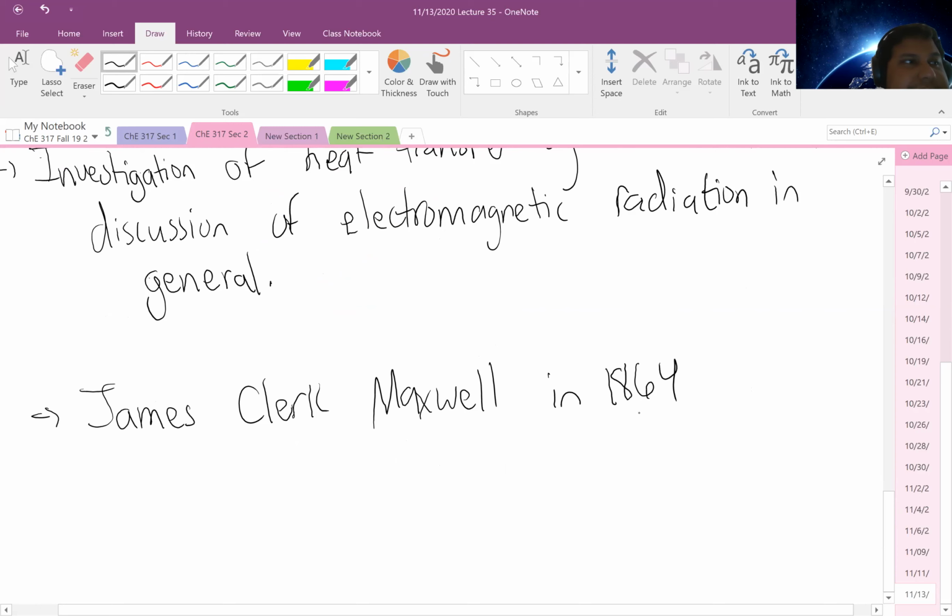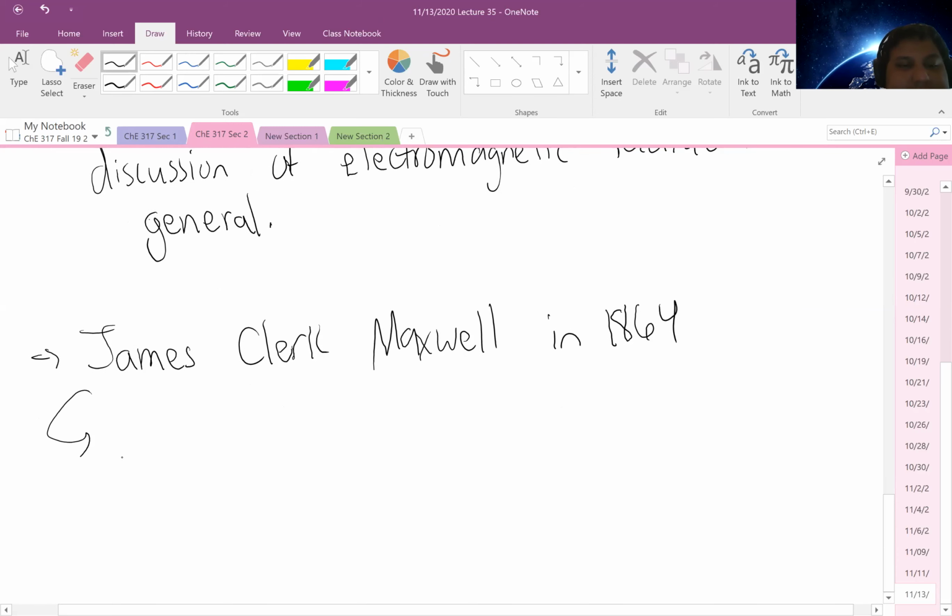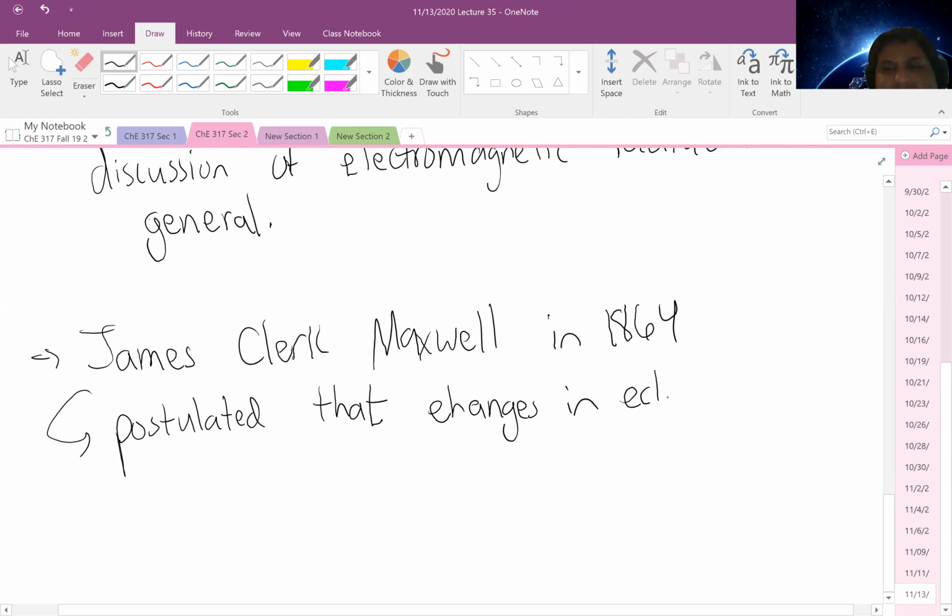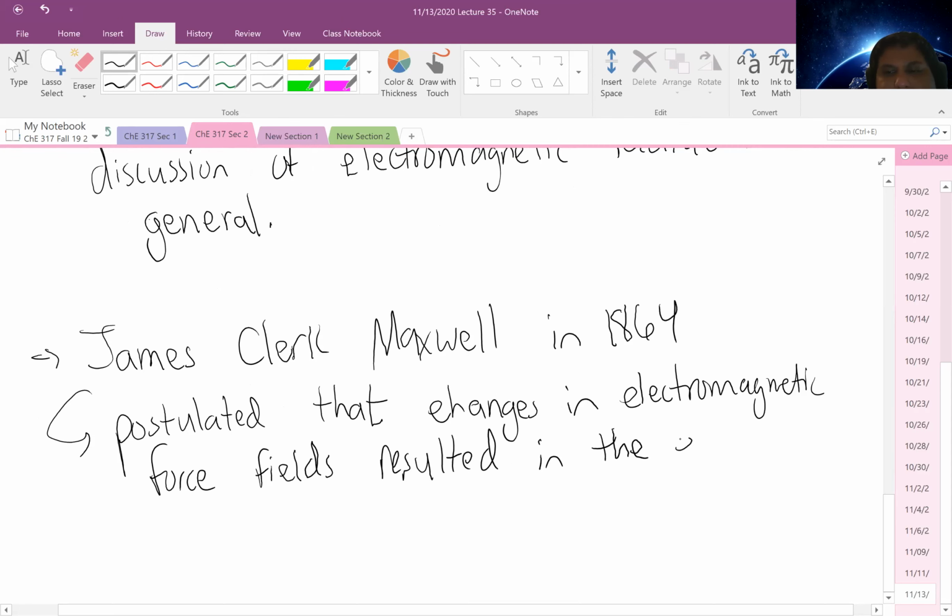So Maxwell postulated that changes in electromagnetic force fields resulted in the emission of what we call electromagnetic radiation, or just radiation for short.